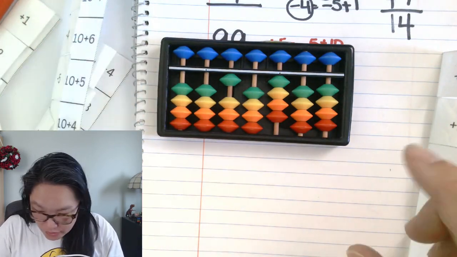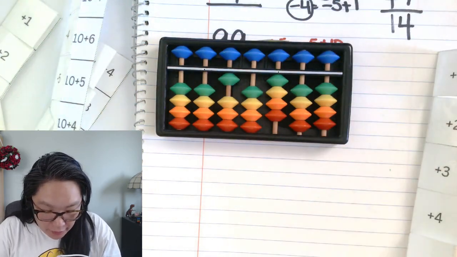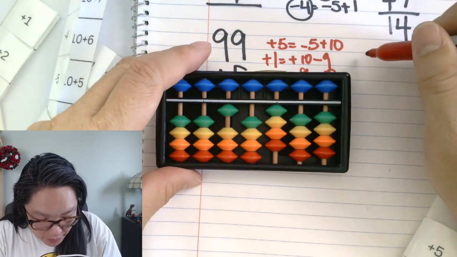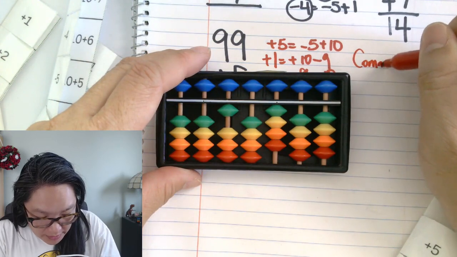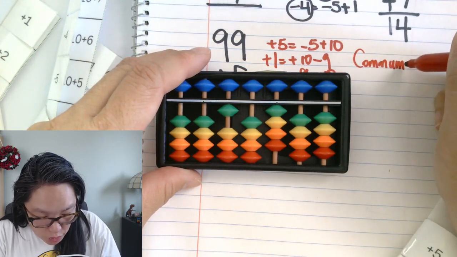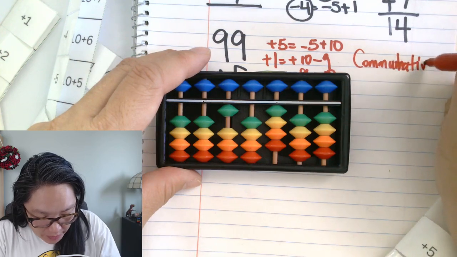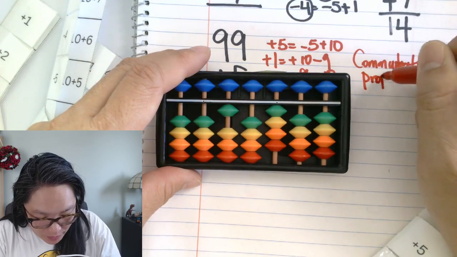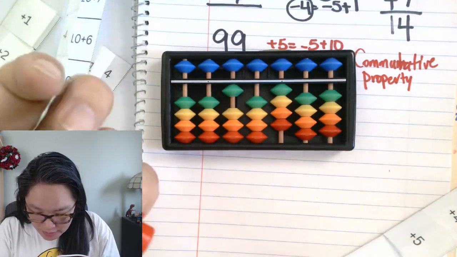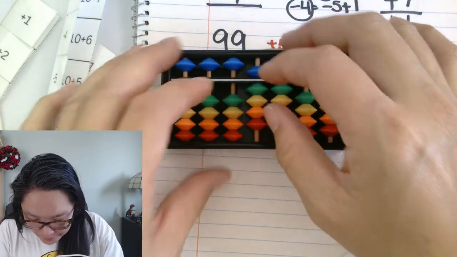So what did I just do? I also did commutative property. These are very big words that I never even knew existed. Commutative property. What was my commutative property that I used? It was this one, right?